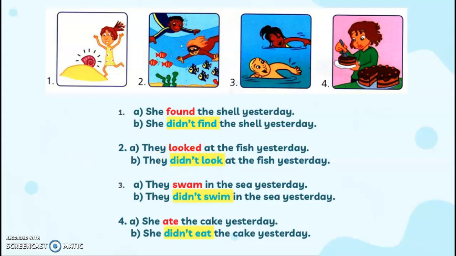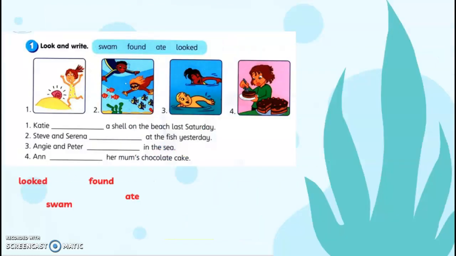So you see, we use the original word after we use didn't. Okay. Alright, now let's move on to the activity. Now this is the activity that you're going to complete today. So the same pictures given to you like in the previous slide. So Katie: look, swam, found, ate. Yeah, Katie found a shell. And then Steve and Serena looked.